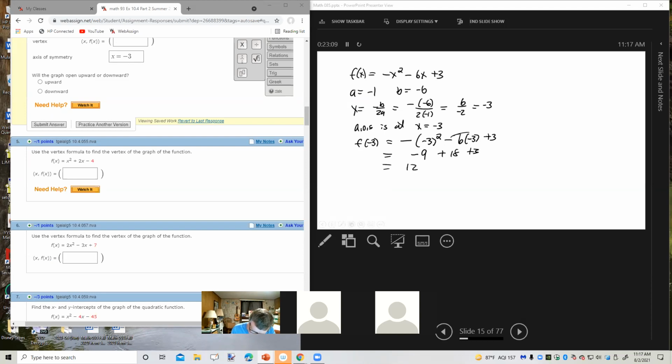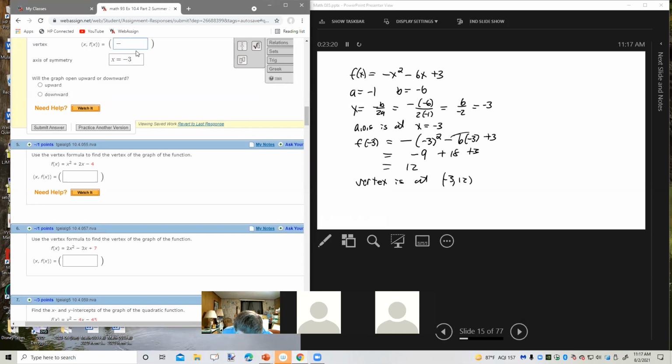Okay, so the vertex is at negative 3, 12. So negative 3, 12.